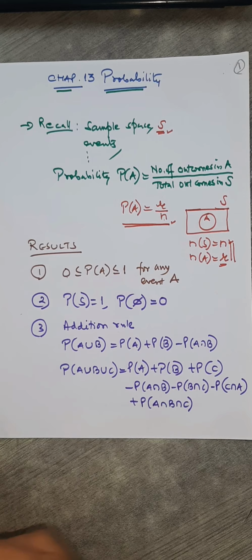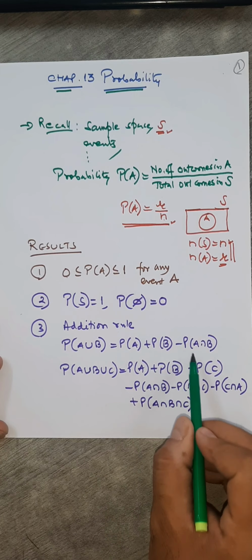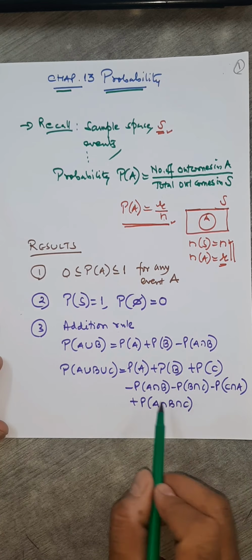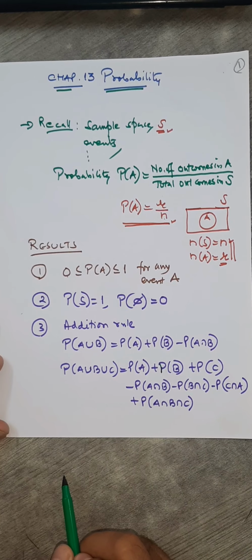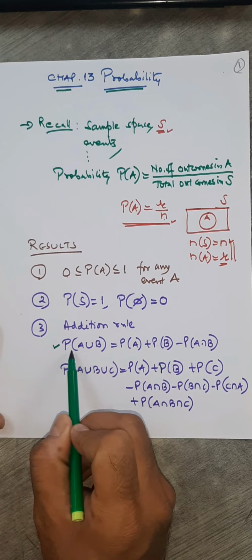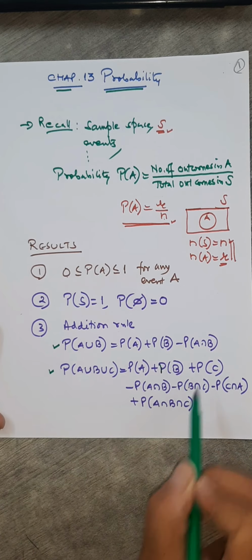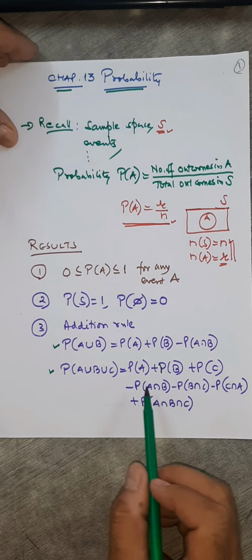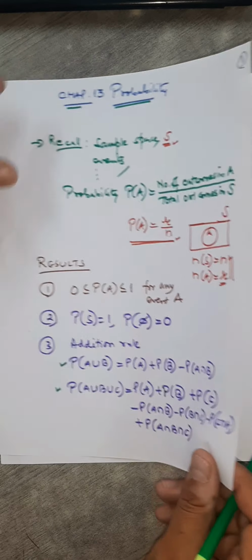If events are mutually exclusive, then all these intersection terms will be 0. Mutually exclusive means intersection equals phi. You know all these things.